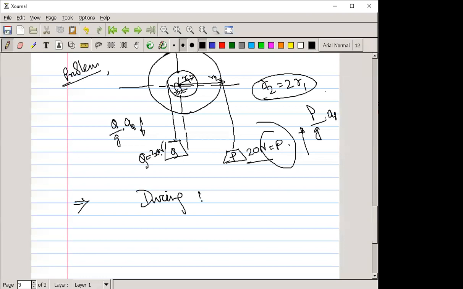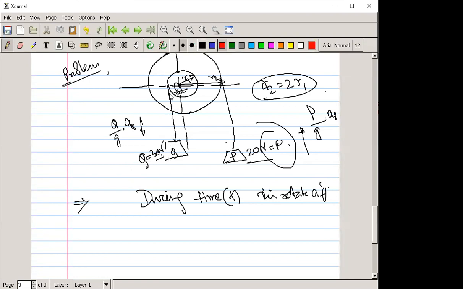Suppose during a certain time t, these rotate by a theta rotation, for example. Suppose these 30 Newton go downward and these 20 Newton go upward, and these two make an angle theta. It is better to draw so that you can understand.